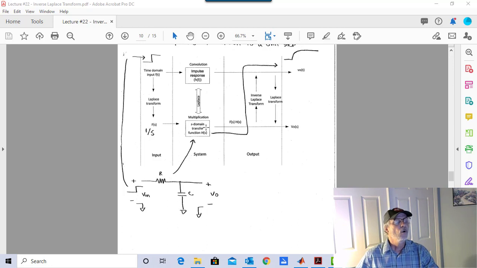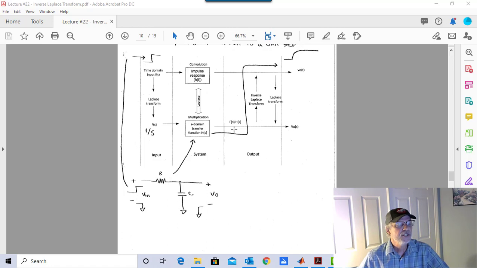So in order to get the Laplace transform of the output, drum roll, we just multiply the Laplace transform of the input by the transfer function. Let me say that again. In order to get the Laplace transform of the output of the circuit, we just multiply the Laplace transform of the input, which is our 1 over s, by the transfer function.